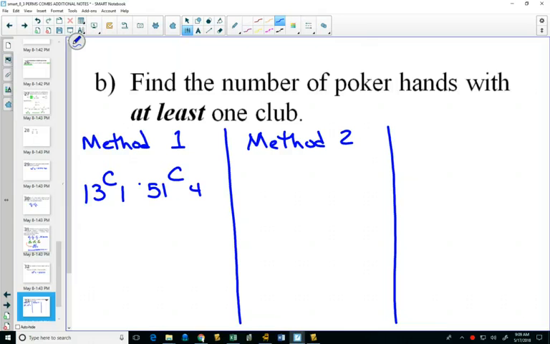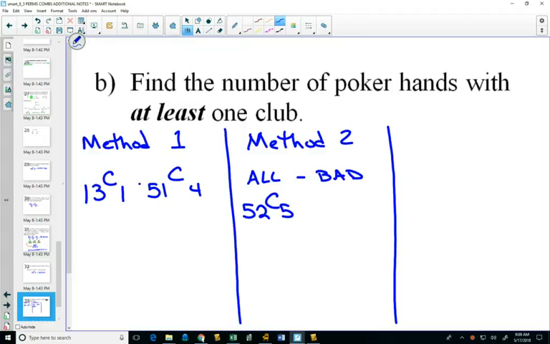All right, method 2, what I'm going to do is I'm going to use some of the math that we already did. Method 2, I'm going to use the not strategy, which is count them all minus the bad ones. Well, if I count all my poker hands, there'd be 52 choose 5.